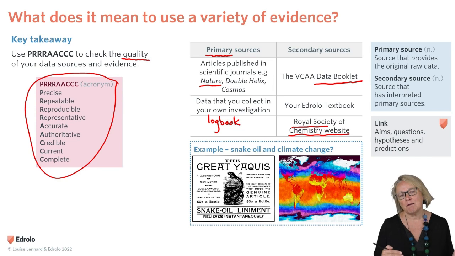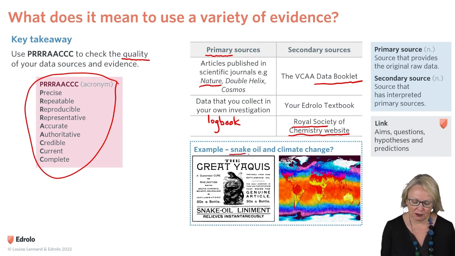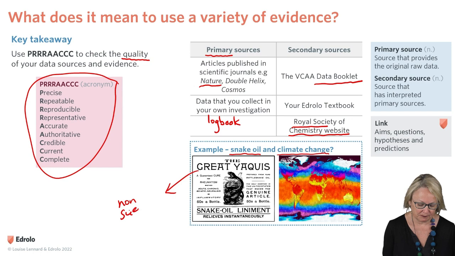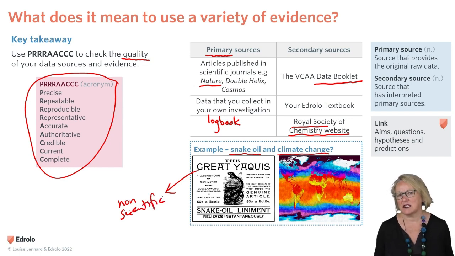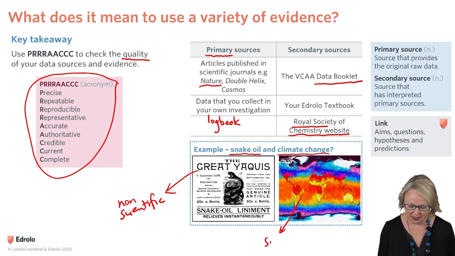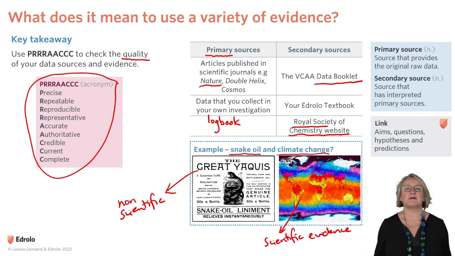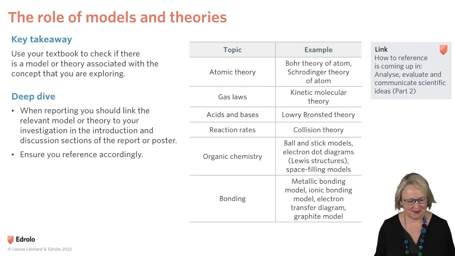And remember, right back to the start of these lessons, we looked at snake oil versus climate change, where snake oil is non-scientific and the IPCC, the Intergovernmental Panel on Climate Change, is a scientific body. So this is scientific evidence. So think about that as you go through.